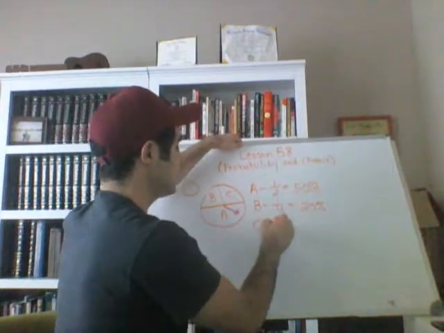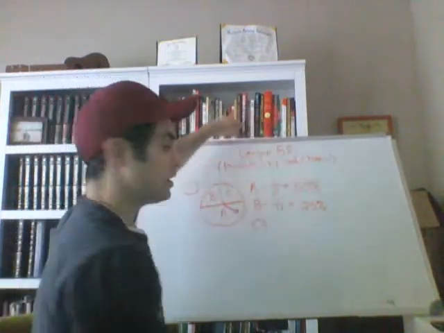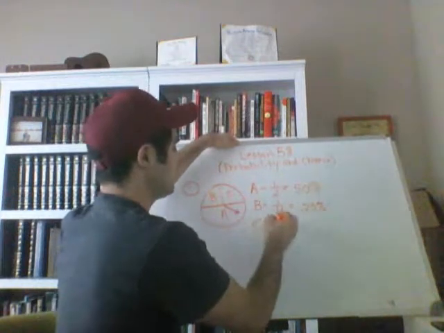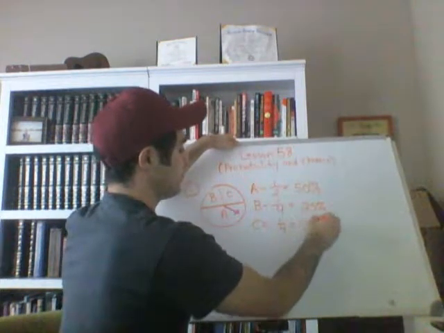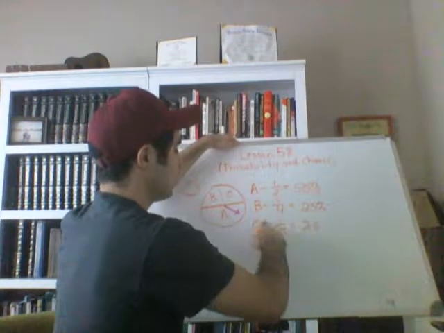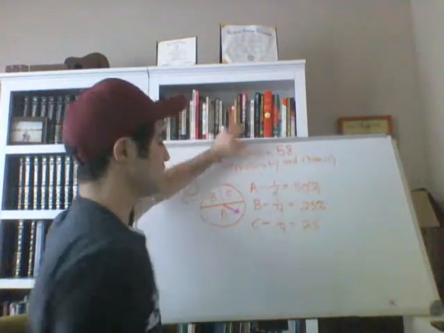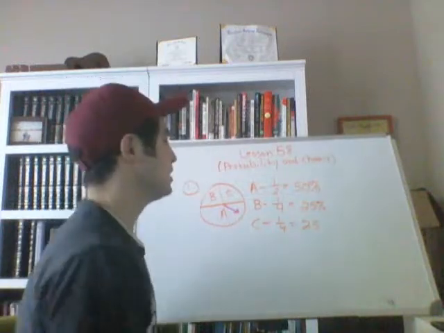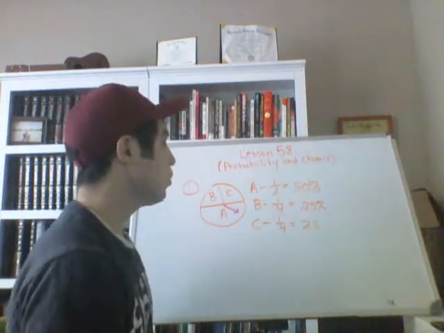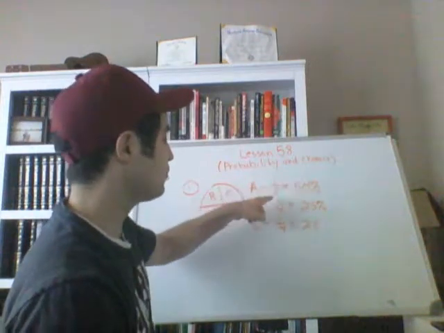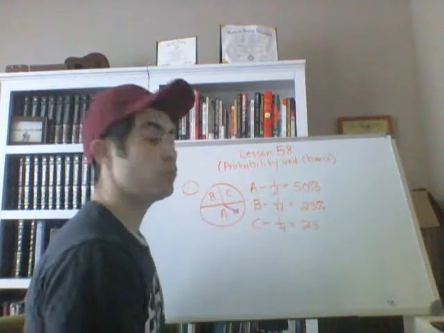Okay, and C is equal to B, so you would land on C about a quarter of the time, or 1/4, or 25%. Notice, all of the sample space should always add up to 100%. 50 plus 25 plus 25 equals 100%. Or 1. 1/2 plus 1/4 plus 1/4 equals 1.